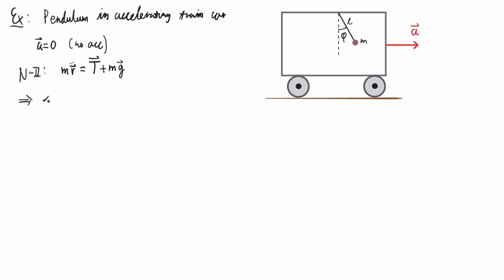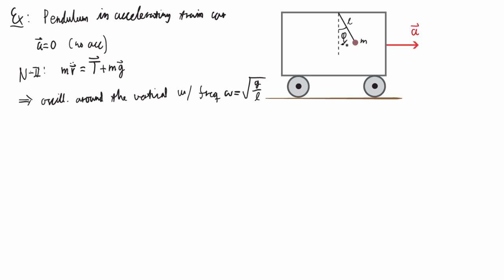What we get are oscillations around the vertical with frequency omega, which is the square root of g over L, where L is the length of the pendulum. And that is something that's well known, or at least this is true when the oscillations are small.